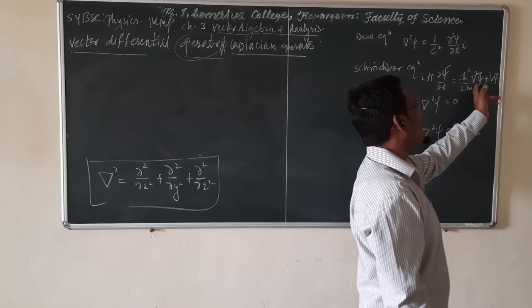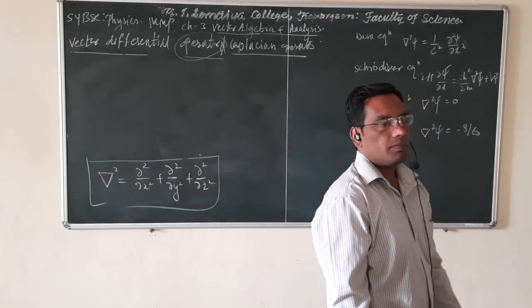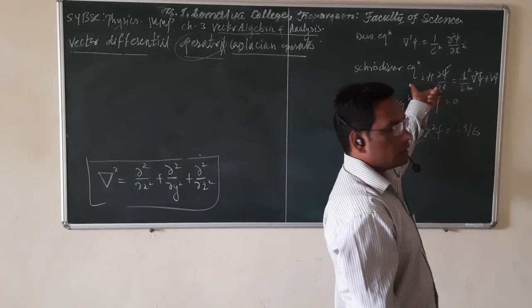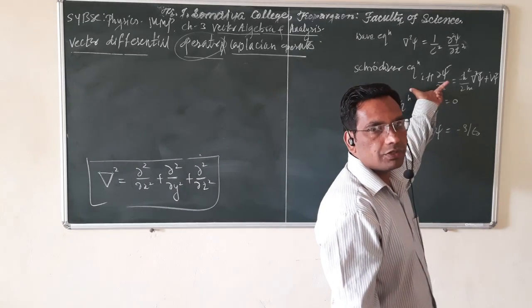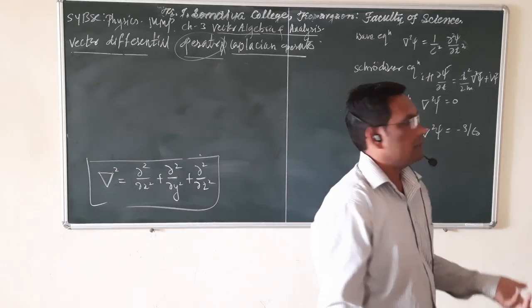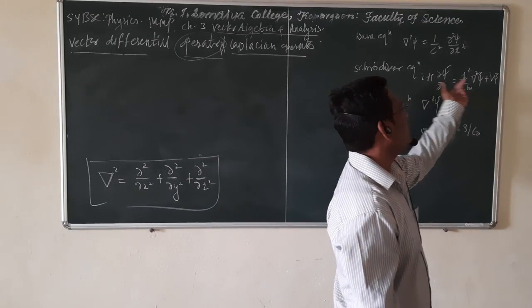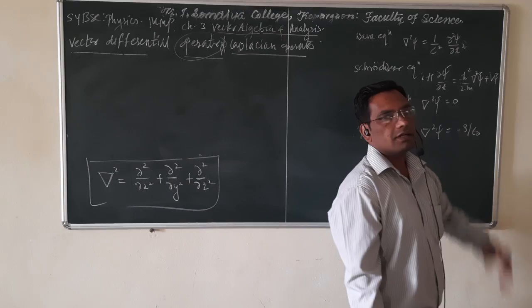Here del square is again the Laplacian operator. The Schrodinger equation tells us about conservation of energy in quantum mechanics. This is the total energy, this is the kinetic energy, and this is the potential energy term.